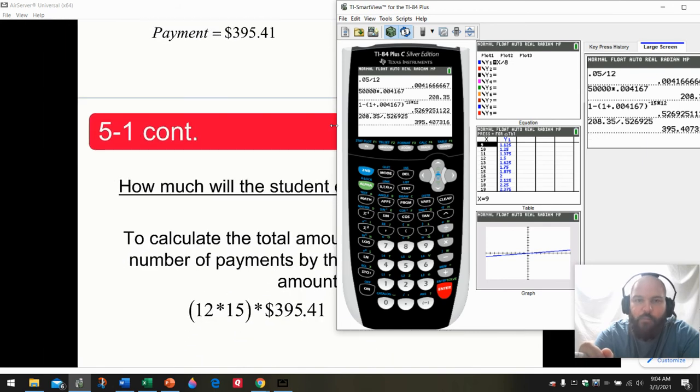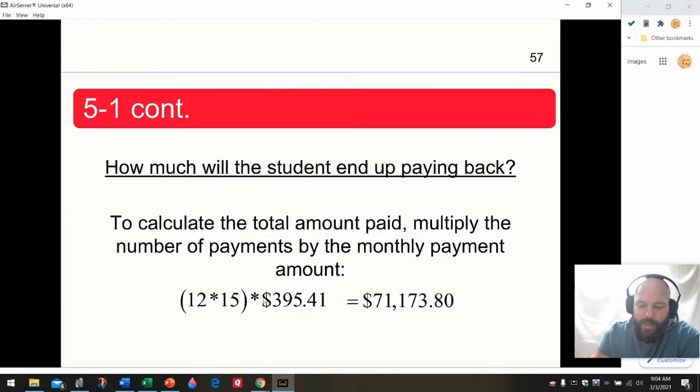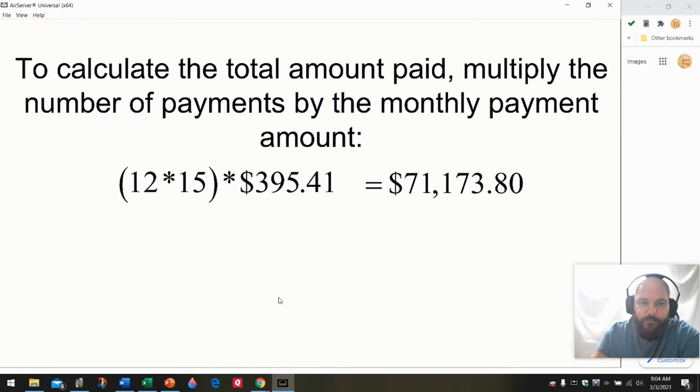So let's keep in mind, you borrowed $50,000. How can you figure out how much money you will pay them back? It's quite simple. You take the amount of money that you're paying them back and you multiply it by the number of payments that you're going to make. So if you recall, in that problem, you're going to pay once a month for 15 years.